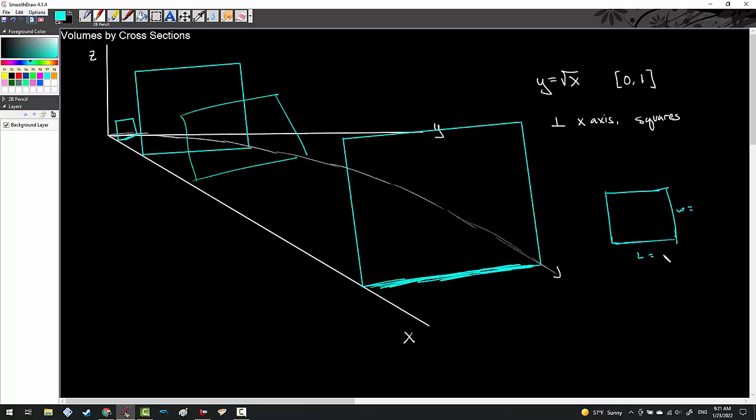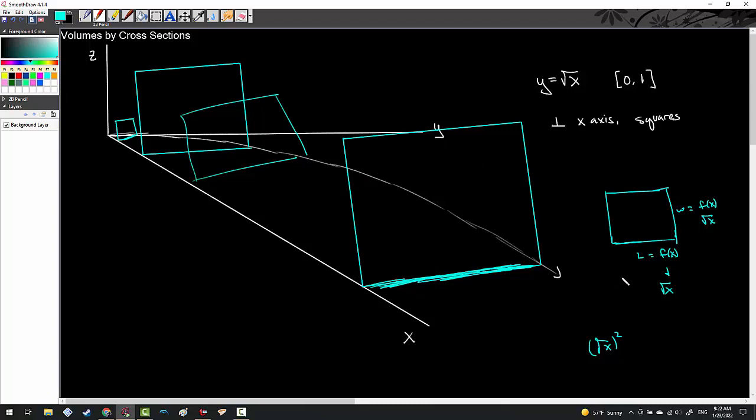Well, from here, this was the height of the function at that moment in time, so this was going to be f of x, right? Or in this particular case, it would be rad x, which hopefully makes sense that the width would also be the same, right? Because it's a square, so the base and the width would be equal. So I know that a rad x squared is going to be part of my volume process of this problem here.